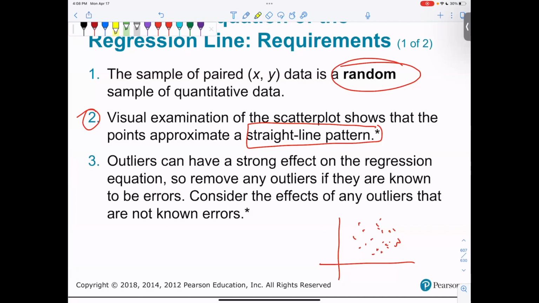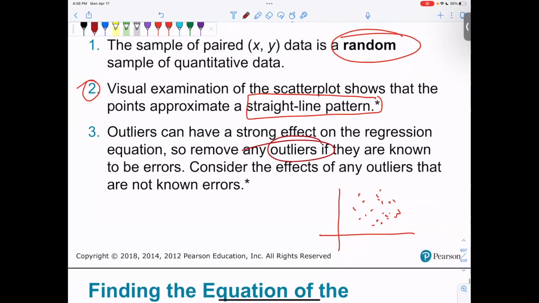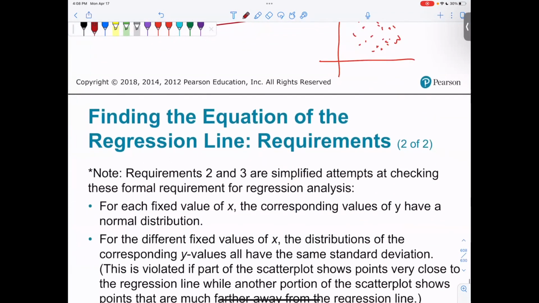Also, if we have any outliers, they should be removed before we start.